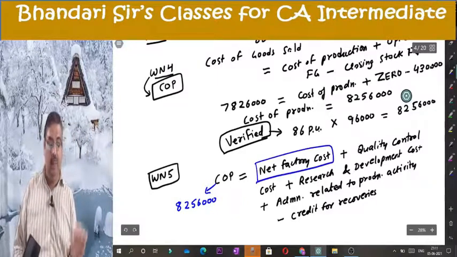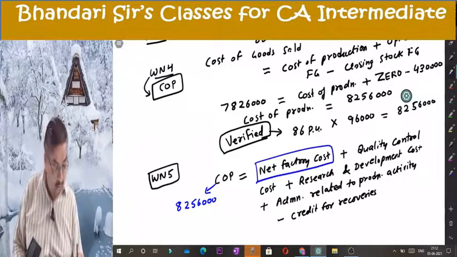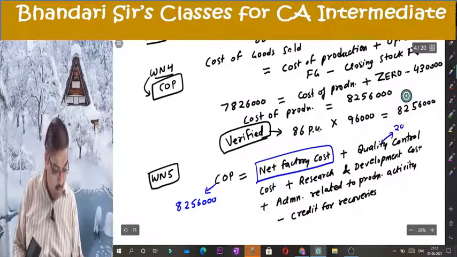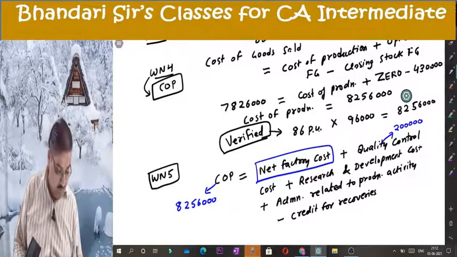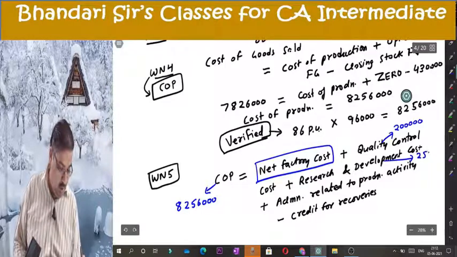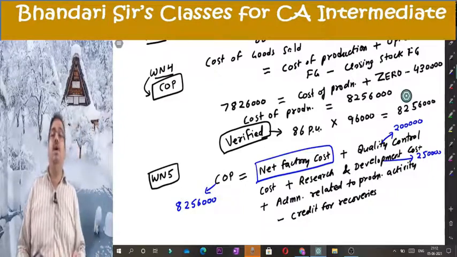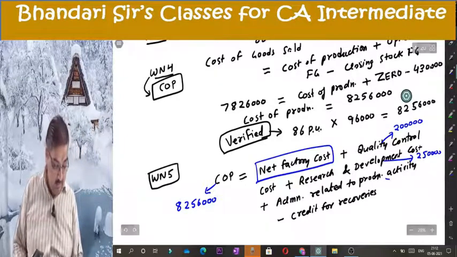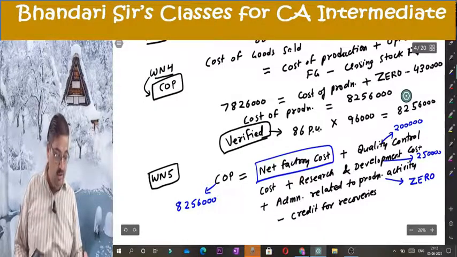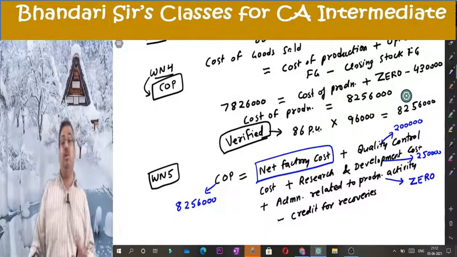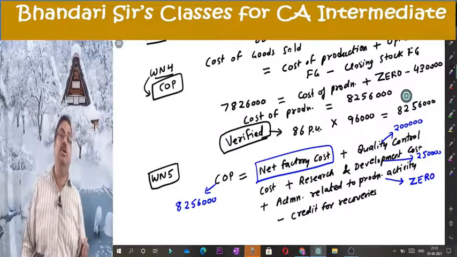For that I am making this working. Reverse computation is there. Quality control cost given in question is 2 lakh. Research and development cost given in question is 2,50,000. Administration related to production activity is 0. There is general administration cost that is going to be coming under selling and distribution. General administration does not come here.